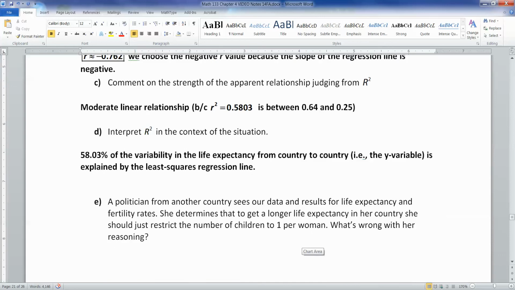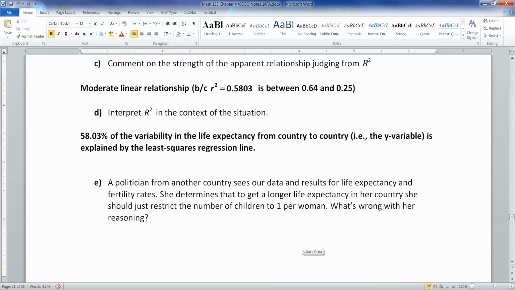All right, a politician from another country sees our data and results for life expectancy and fertility rates. She determines that to get a longer life expectancy in her country, she should just restrict the number of children to 1 per woman. What's wrong with her reasoning? Well, there's a lot of things wrong with that reasoning, but she is inferring a causal relationship between fertility and life expectancy.